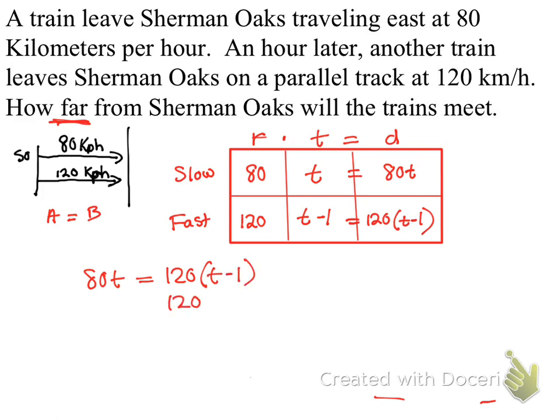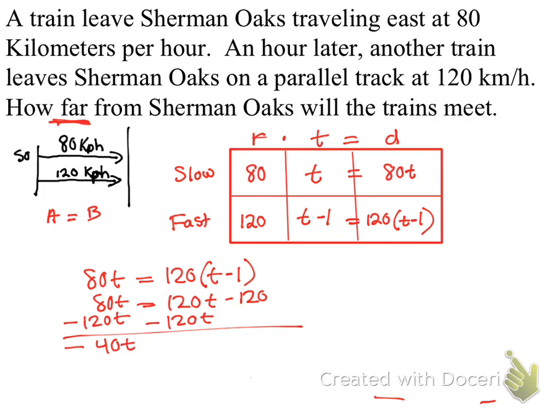So I get 80t equals 120 times t minus 1. So it's 120t minus 120 equals 80t. Minus 120t, minus 120t. It's negative 40t equals negative 120.